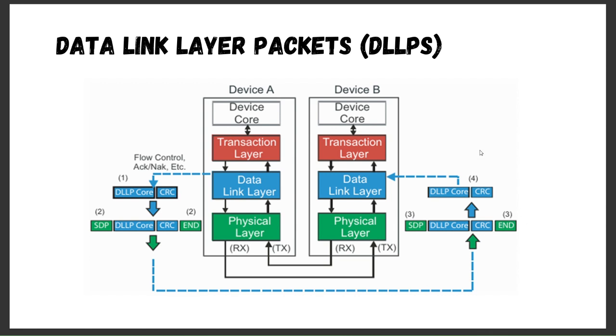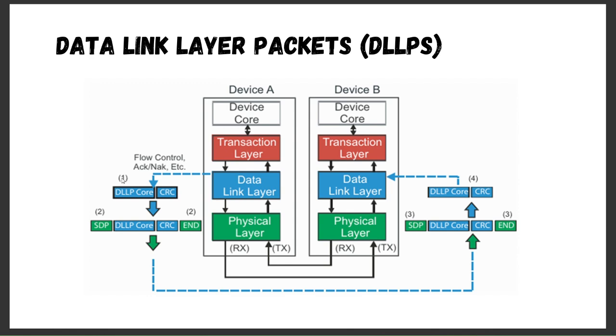These sizes I am telling are based on PCIe Gen 1 to Gen 3, and for higher generations, these sizes may change. They only move between neighboring devices and don't propagate through the entire network.